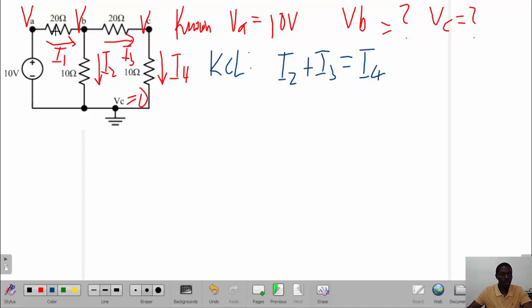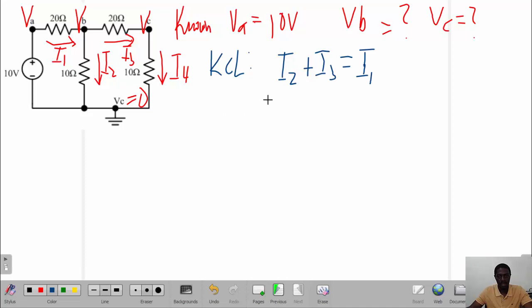And we know from this circuit that our I1, sorry, this must be I1. So we know that from here, our I2 is simply VB minus VC, which is 0, over 10 ohms.